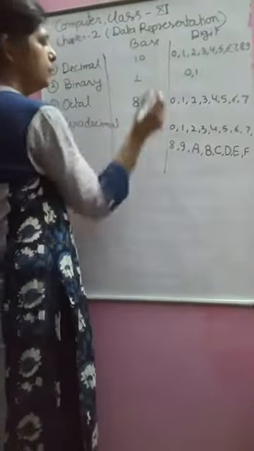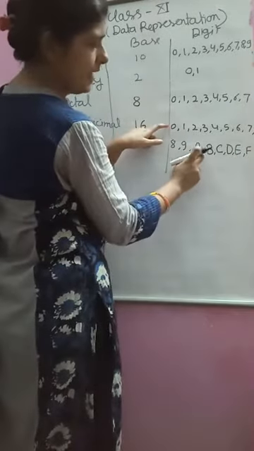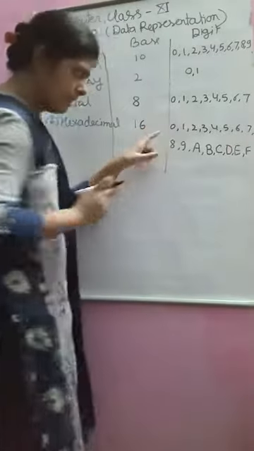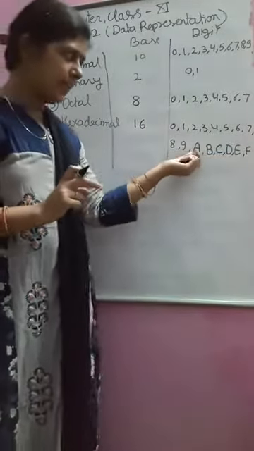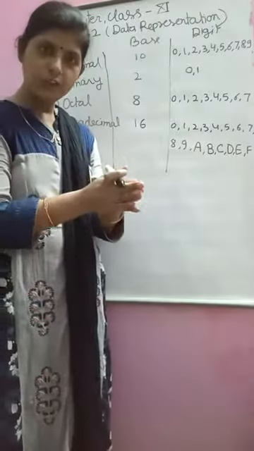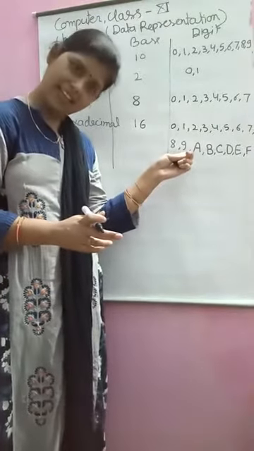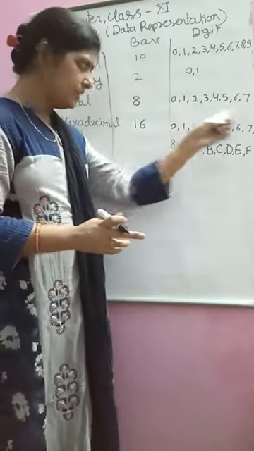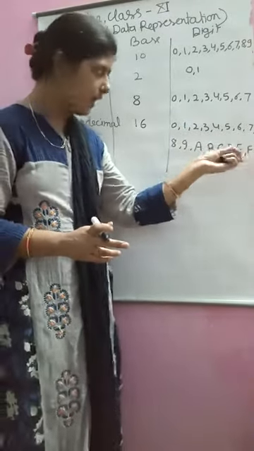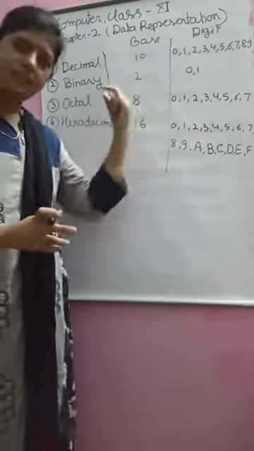Means you can represent from 0 to 15: 10, 11, 12, 13, 14 and 15. If you are writing A, this digit is 10. This is not two digits. This is a single digit called 10, that is A. So the symbols are from 0 to F. You can write any hexadecimal number using these symbols.